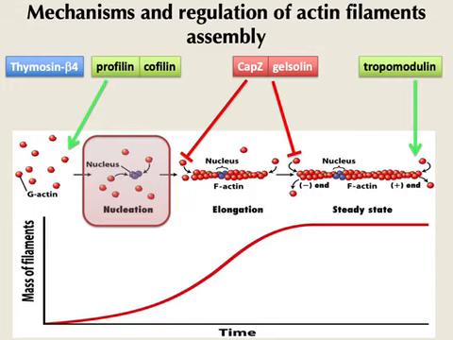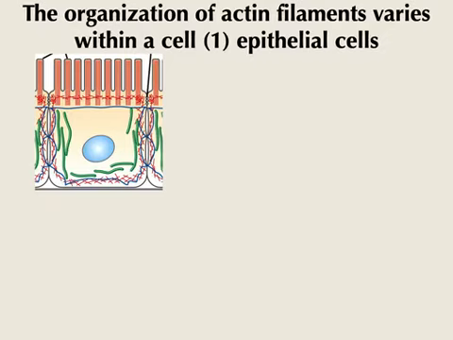Because nucleation being limiting, if the cell develops mechanisms to boost nucleation in a controlled way, at defined times and places, it's going to basically be able to choose where and when to start the making of filaments. Okay? So we're going to look into that.